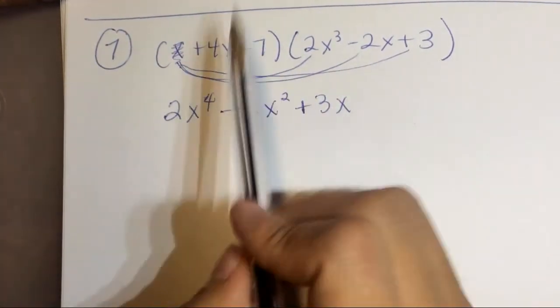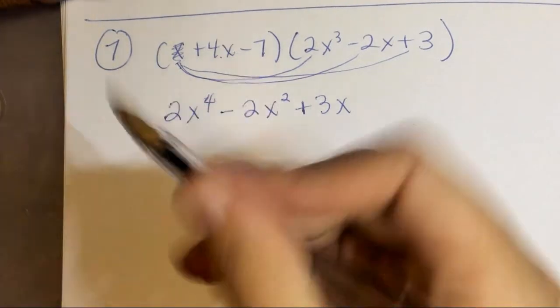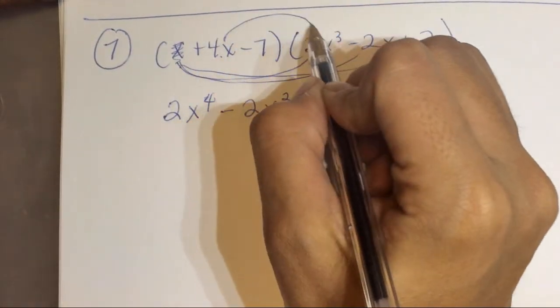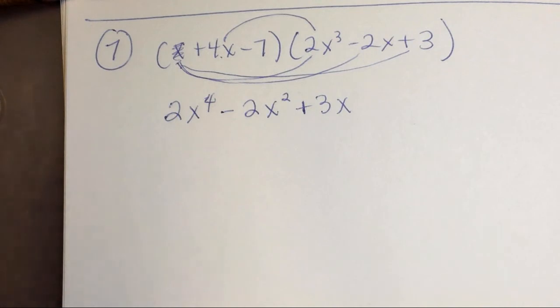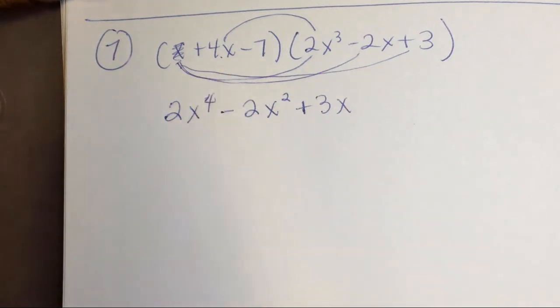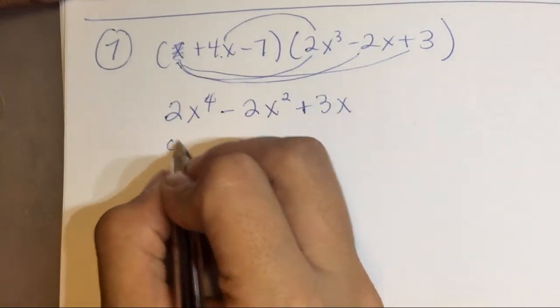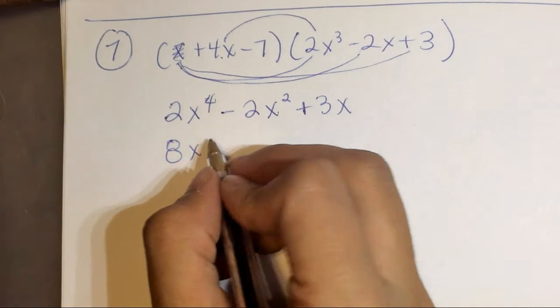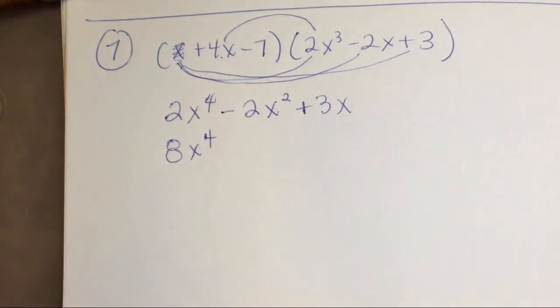Now I need to do the 4x term. So distribute this guy. So 4x times 2x cubed is going to give me 4 times 2 is 8, and then x cubed times x is to the 4th power. So it's going to be 8x to the 4th power, and I'm going to write it underneath the other guy that I just did.